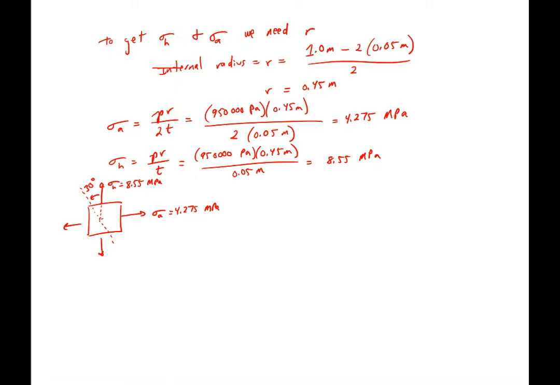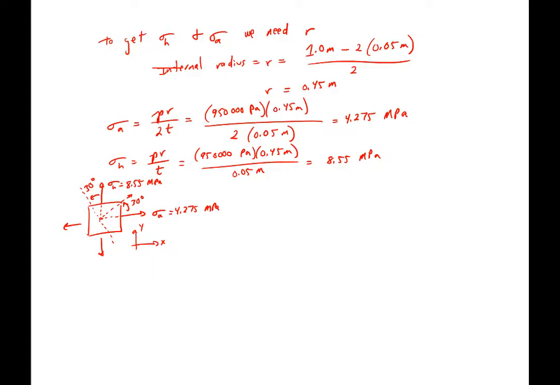So that means we're interested in theta equals 30 degrees. Let's set up axes like this of x and y, and say what is happening at theta equals 30 degrees, which is the plane of that weld.